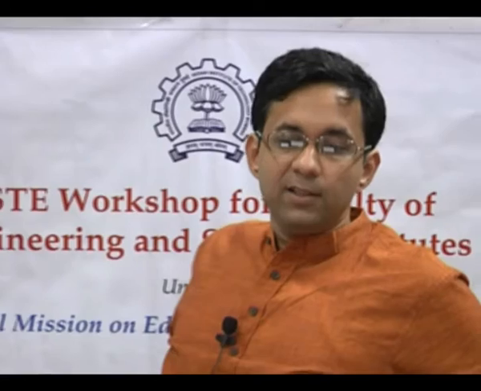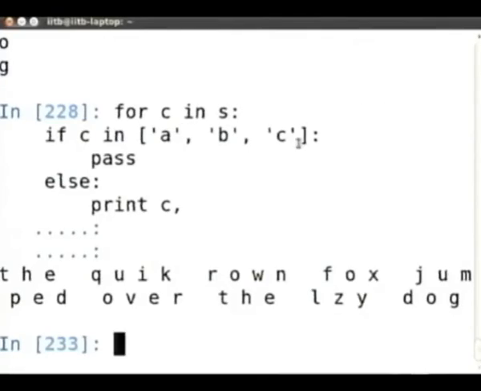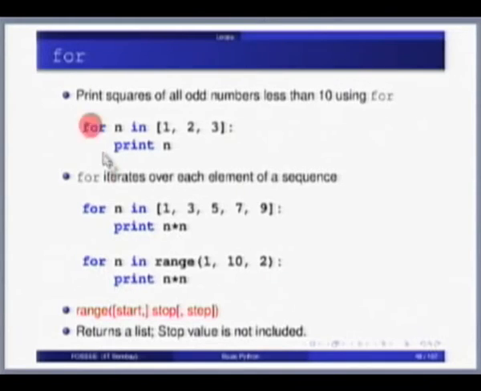Notice that when I instead of saying print C, if I do print C comma, it will only print a space instead of a new line every time. So all I am doing is, if it's A, B or C, I am not doing anything. If it is anything else, it prints it. Okay, some silly code, this is very stupid code. I just combined your conditional along with looping. Okay. So the general structure is for variable name in some sequence, do whatever code inside this block. That can be anything.